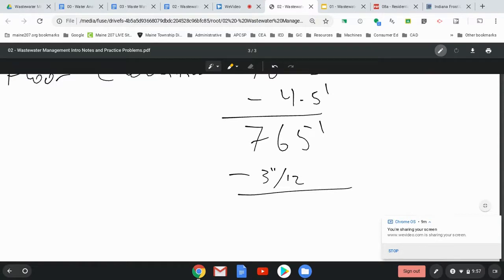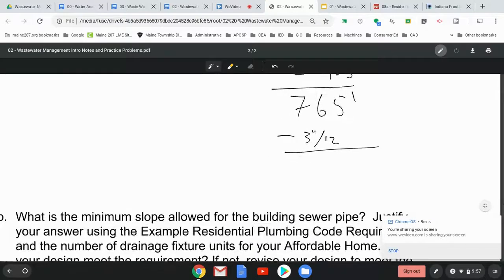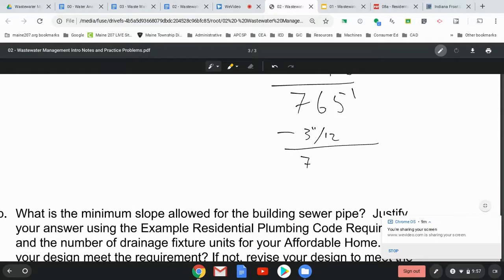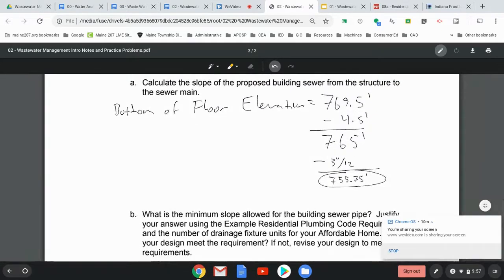So minus a 1/4 foot gets me to 755.75 feet. All right. So based on frost, it has to be at least that deep. That's based on frost.